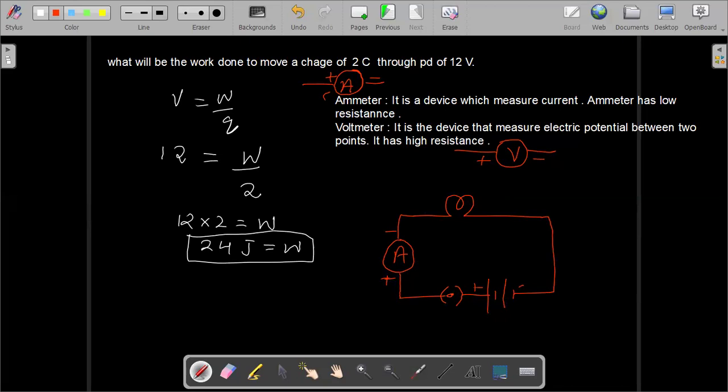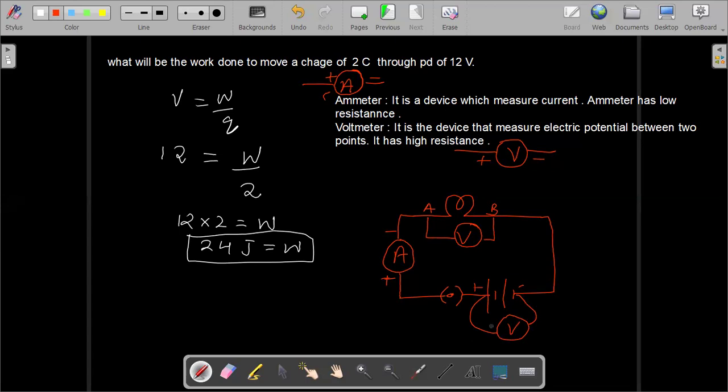Now where should I connect the voltmeter? The voltmeter should be connected in parallel to the device across which I want to measure the potential. If I want to measure the potential across the bulb, I'll be connecting it across the bulb. Let these points be A and B. If I want to measure the potential difference across this battery, I'll connect my voltmeter like this, in parallel to the battery.